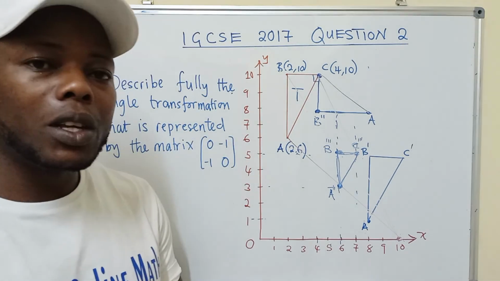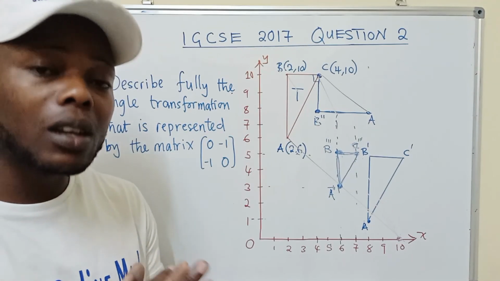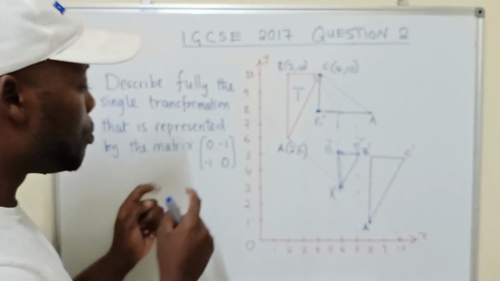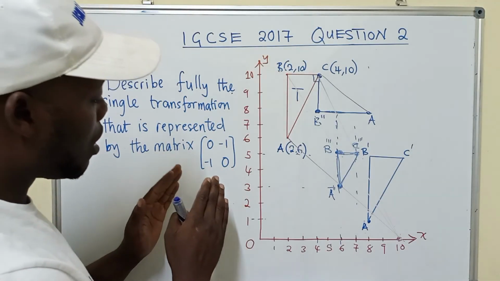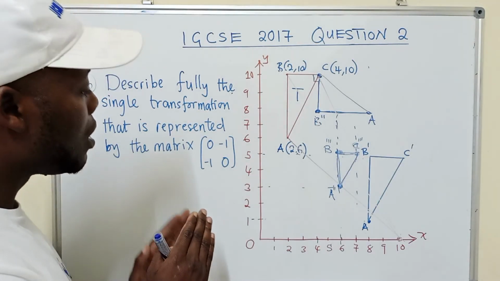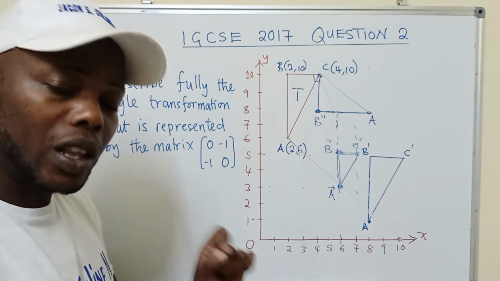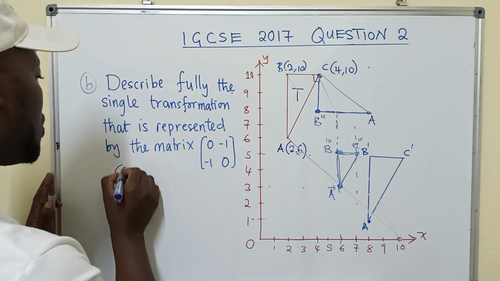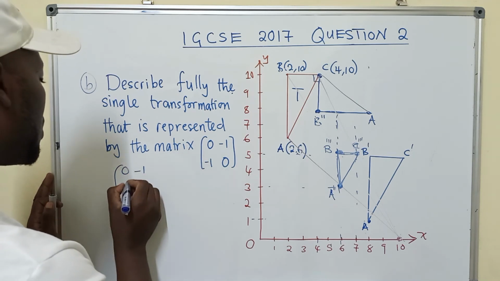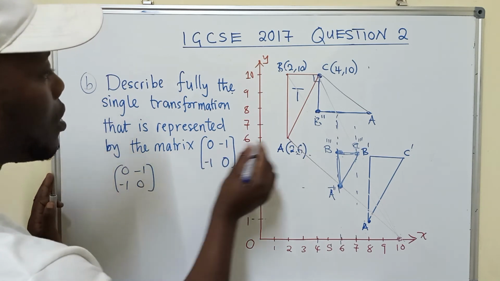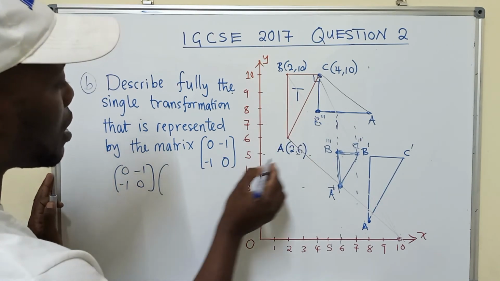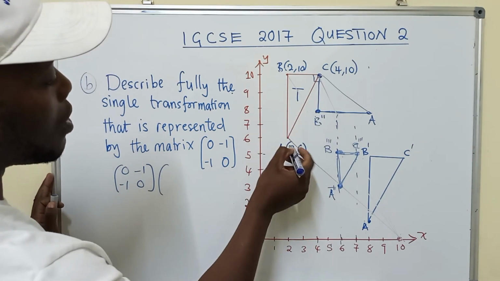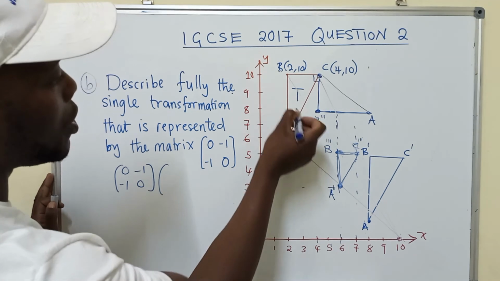All right, so we do question B. The first thing here will be to come up with the coordinates for the image that we want. So we shall get the given matrix, and then we multiply it by the coordinates of the original triangle.